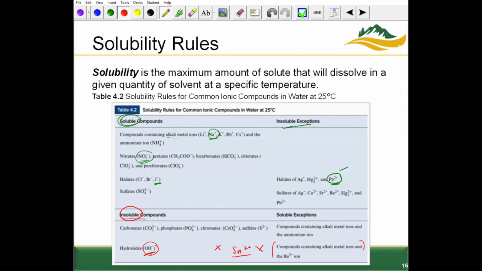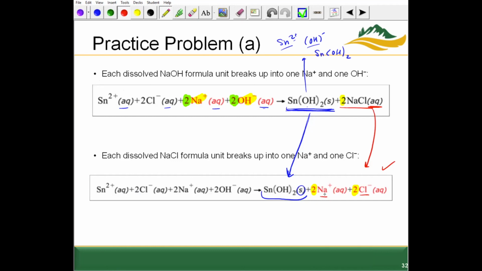So we could also predict that chemical reaction, that these are going to come together to form an insoluble precipitate just based on the ions that are present in that reaction. So now we're at this step. We have all these ions broken up except for the insoluble solid precipitate.